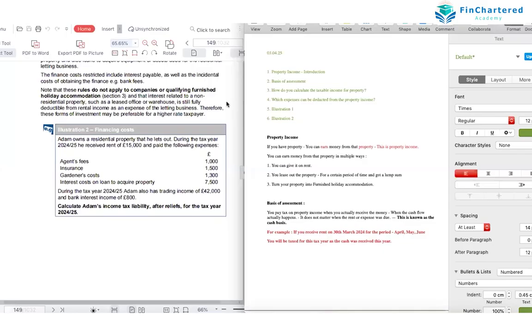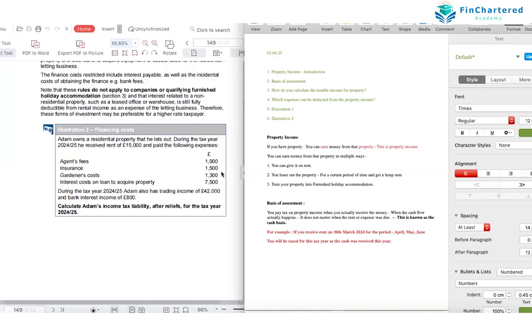So he received 15,000 and paid the following. It's very simple: 15,000 minus the expenses that were paid, not incurred, paid this year. So agent fees, insurance, gardener's cost, interest cost on loan to acquire property.